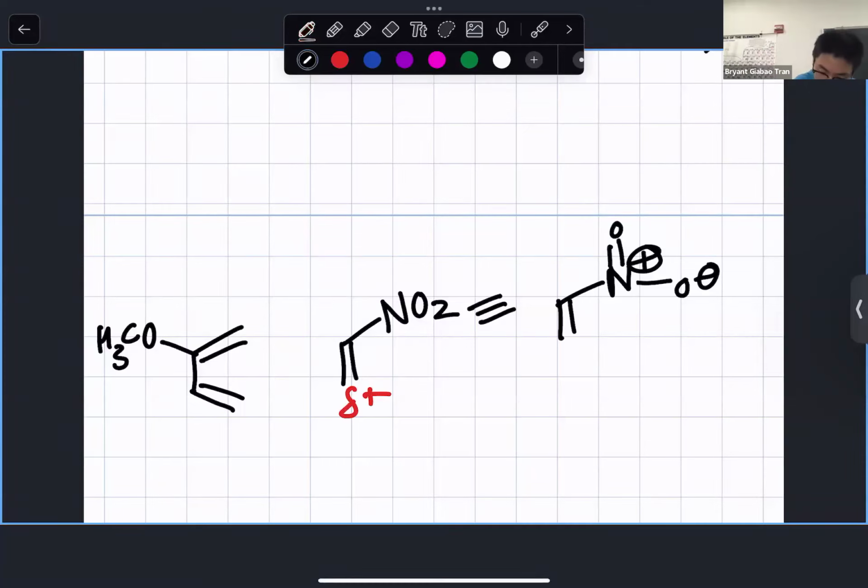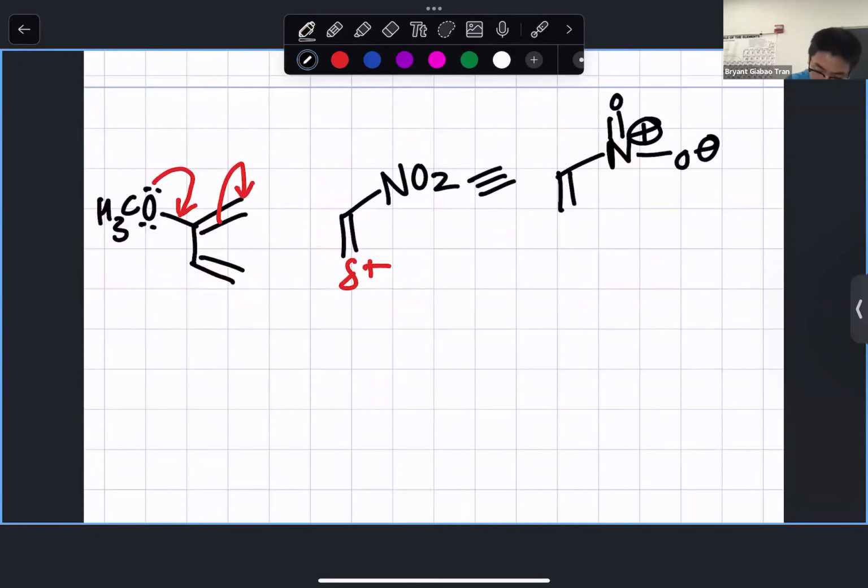And we have this EDG on this carbon right here with lone pairs of electrons, where when we do resonance, we're going to push that lone pair to make a double bond there. This double bond is going to make a lone pair on that carbon right there, giving us this resonance structure here.